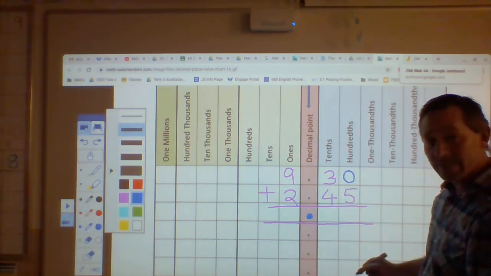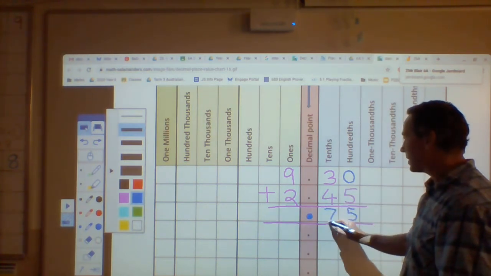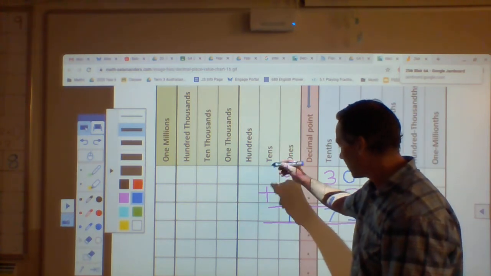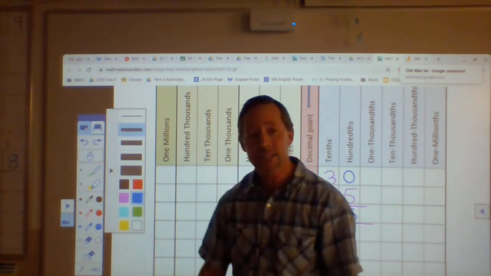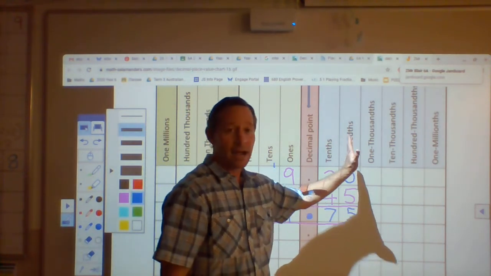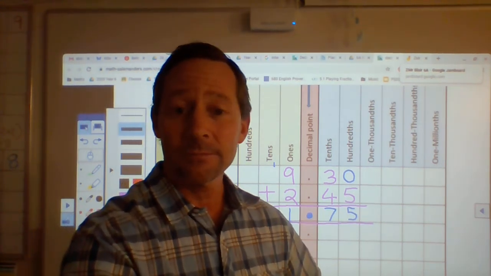So 0 plus 5 is 5. 3 plus 4 is 7. 9 plus 2 is 11. One up here, add the 2. So my answer would be 11 and 75 hundredths. That's all you need to do. Easy, eh?